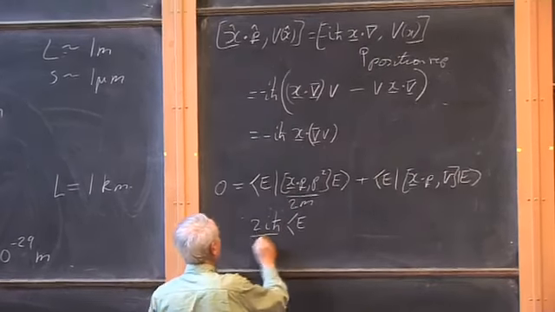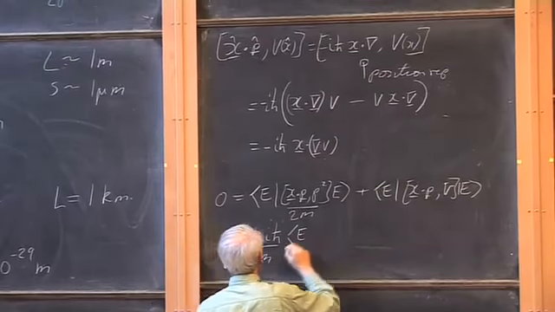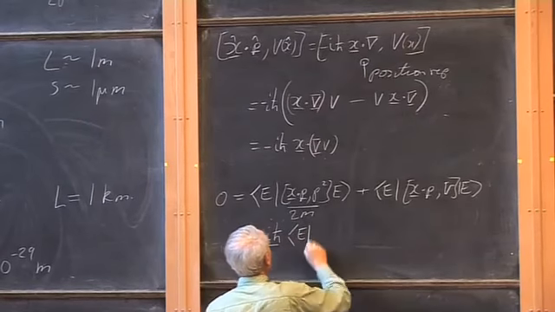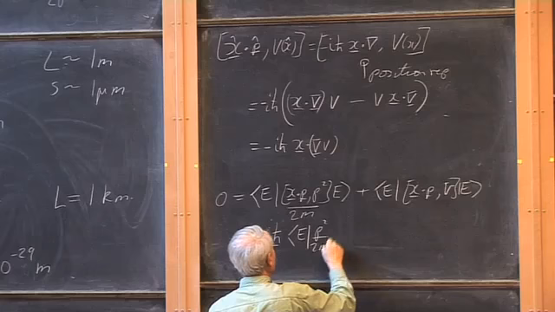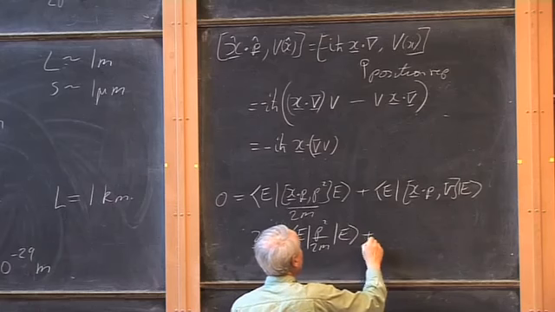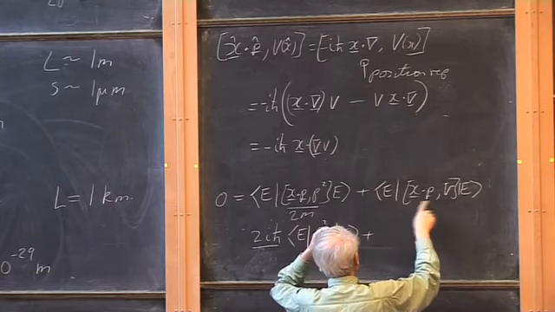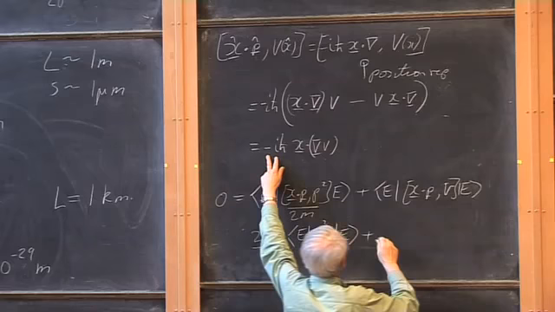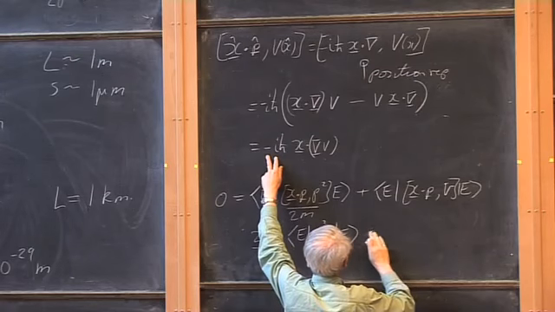So we have the expectation of p squared over 2m, plus, we figured out that this one was minus iħ.